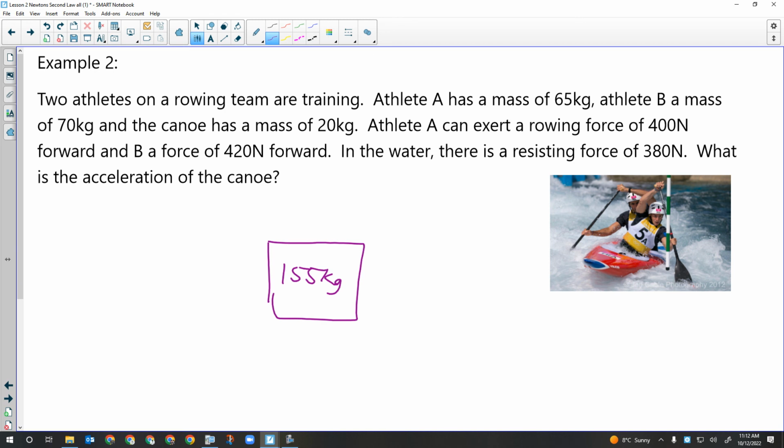The rest of it's pretty straightforward: you've got 400 newtons and 420 or 380 newtons. No, 380 is the water; 420 is the other one.